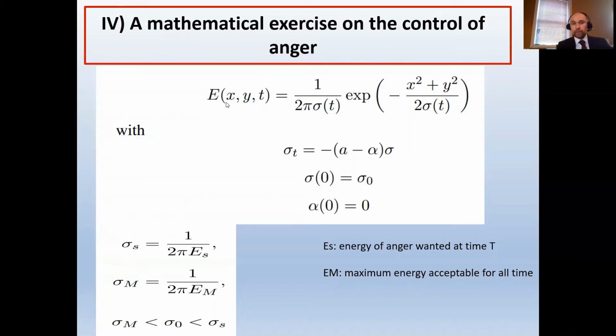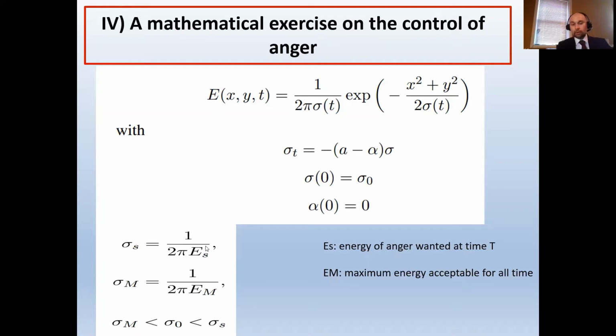So you just replace X and Y by 0, and so sigma S is related to ES, like that. And the same for sigma M, it's related to EM.